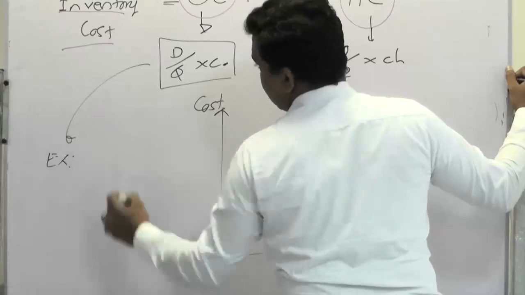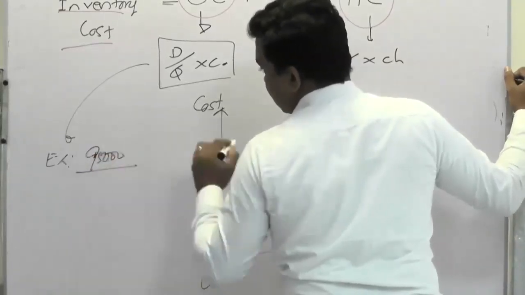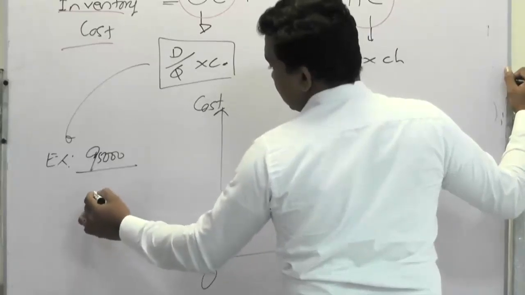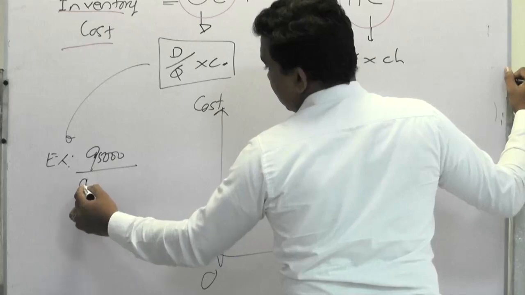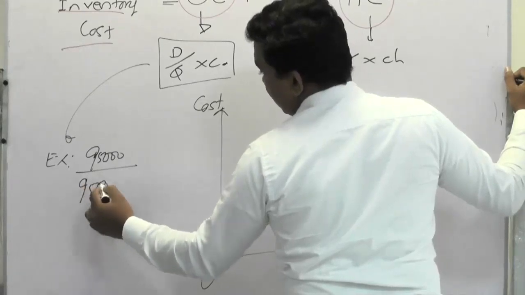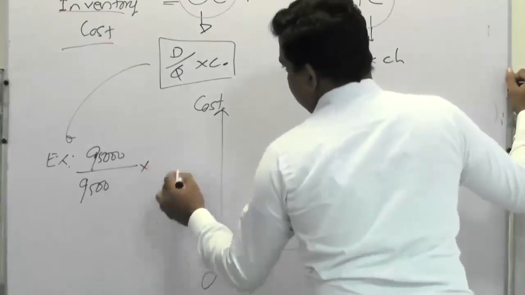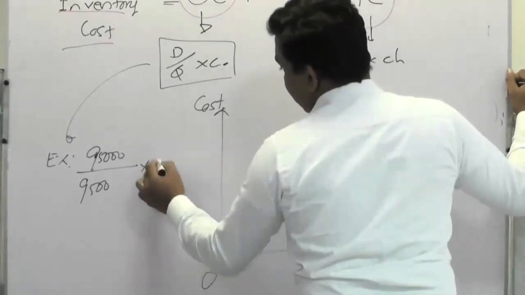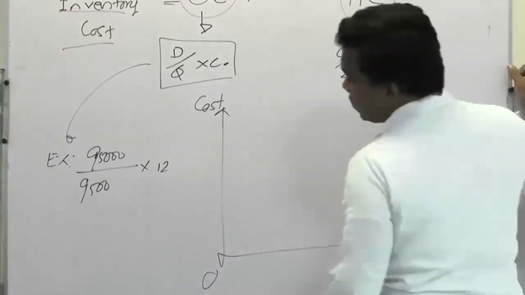Example, our requirement is 95,000 per month. We will purchase 9,500 units at once. Say our cost of an order is 12 rupees, as given in the question. Now, how many orders do you have to make?